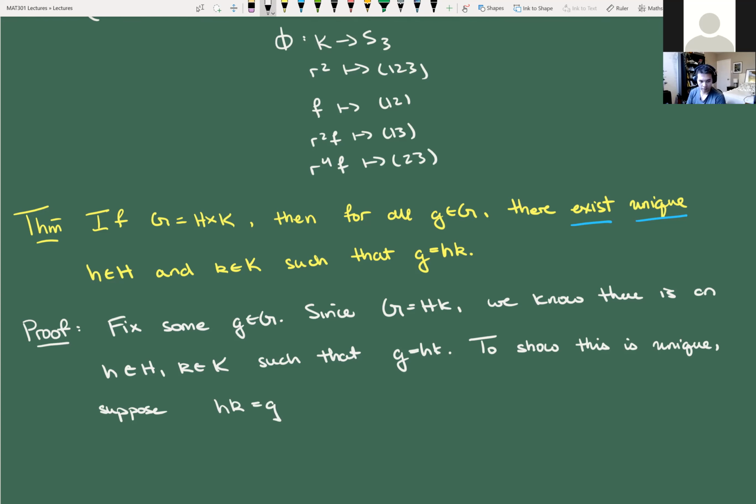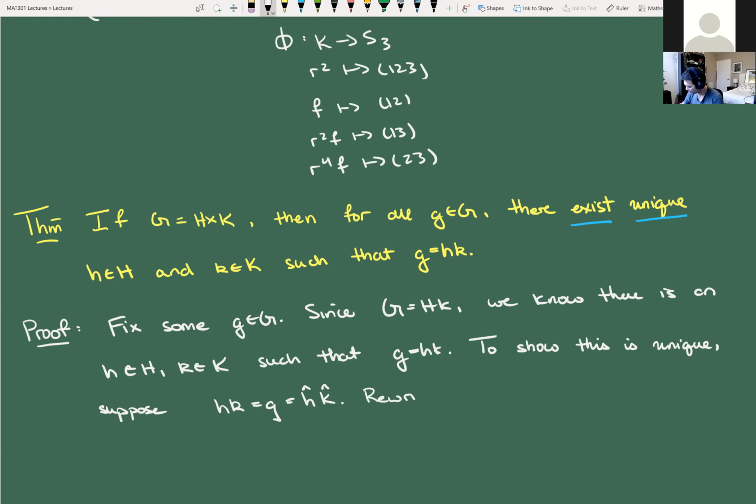That's the one we already have. And now I'm going to suppose that we could write it in a different way, h hat k hat, for some other h hat and k hat, presumably, but I'm going to show they actually have to be the same. So what I'm going to do now is put all the h's on one side and all the k's on the other.